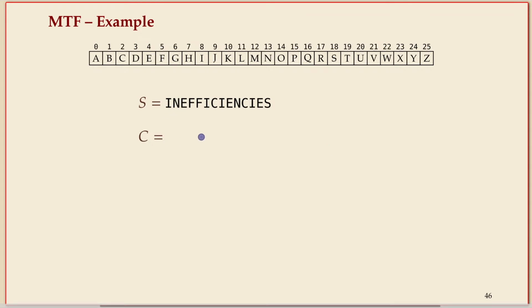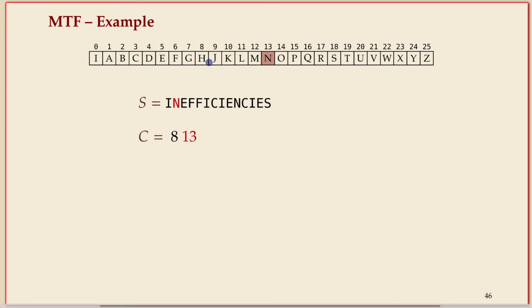Okay, I wanted to align this. That didn't work. Okay, let's see the example. So the first letter we encode is I. We find that in the list, it's at position 8 at this point. So that's our output. Now, before we move to the next letter, we rip it out here, put it in front. That looks like this. I is now here.